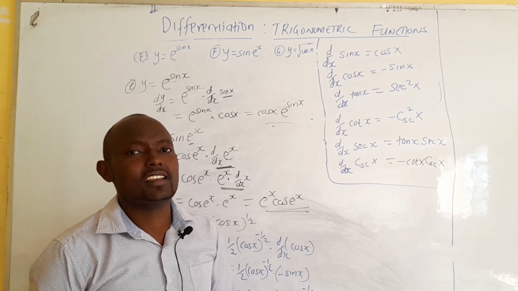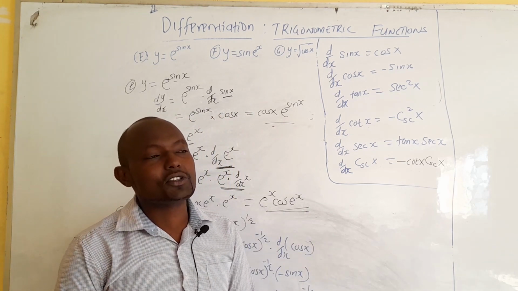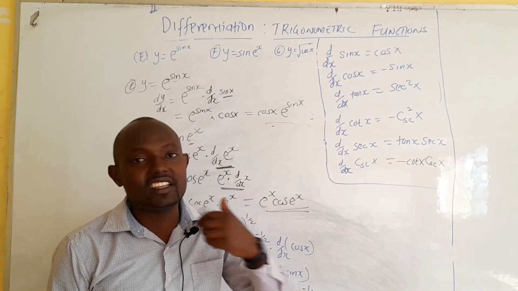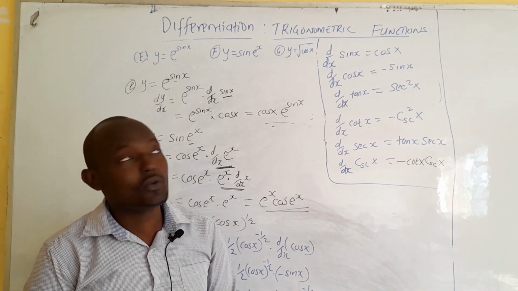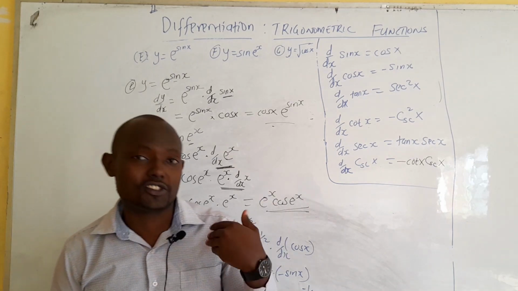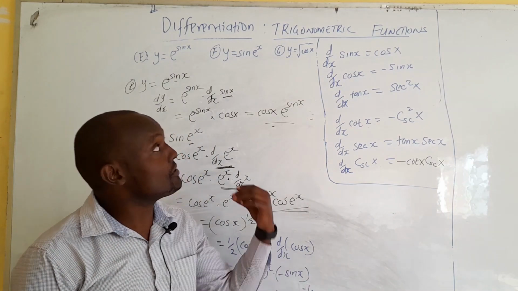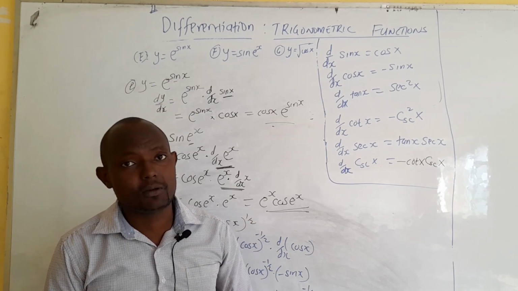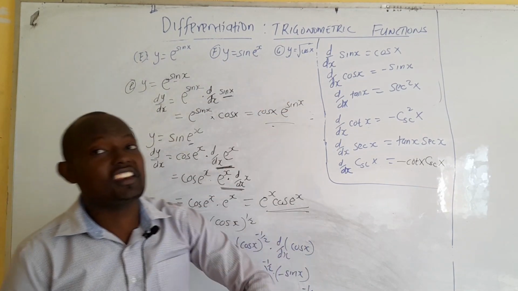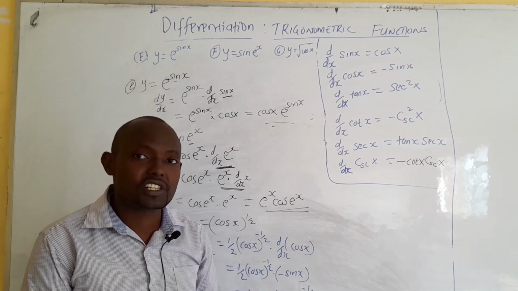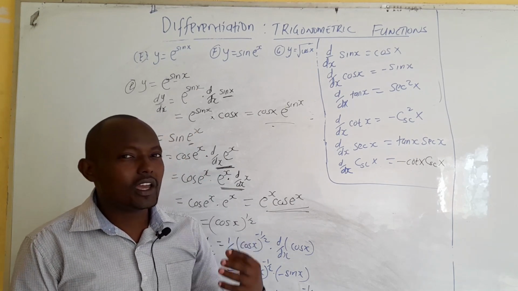And you realize that the more examples we solve on trigonometry, the more it is driving us back to the previous classes. So I would like you, viewers, to make sure you watch all the videos so that you can be able to solve these trigonometry functions. Because in this case, we are using the chain rule. You may find in other examples we are using quotient rule, product rule, and all those.